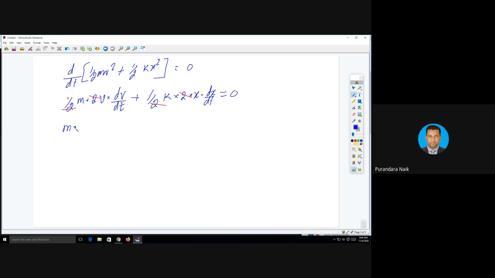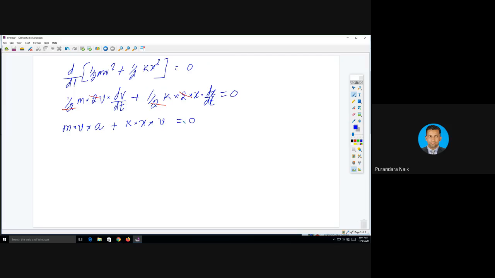m into v into dv by dt, where the differentiation of velocity with respect to time is acceleration, plus k into x into dx by dt, which is velocity v, is equal to 0.